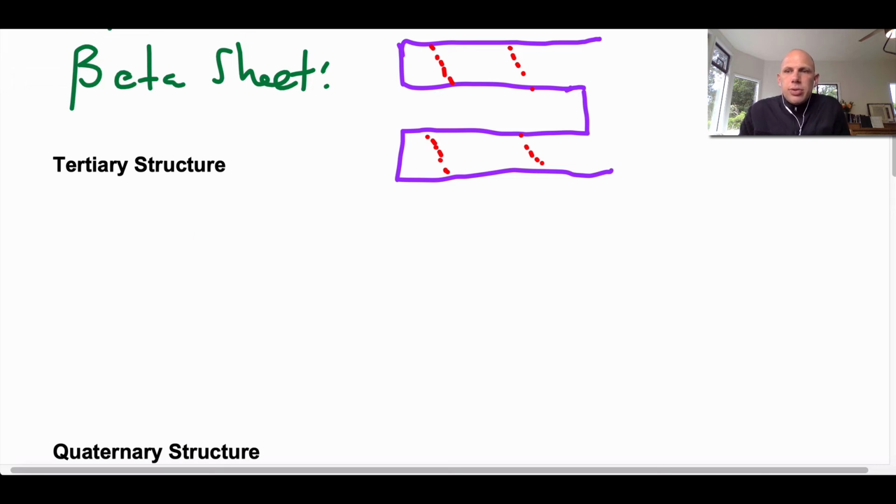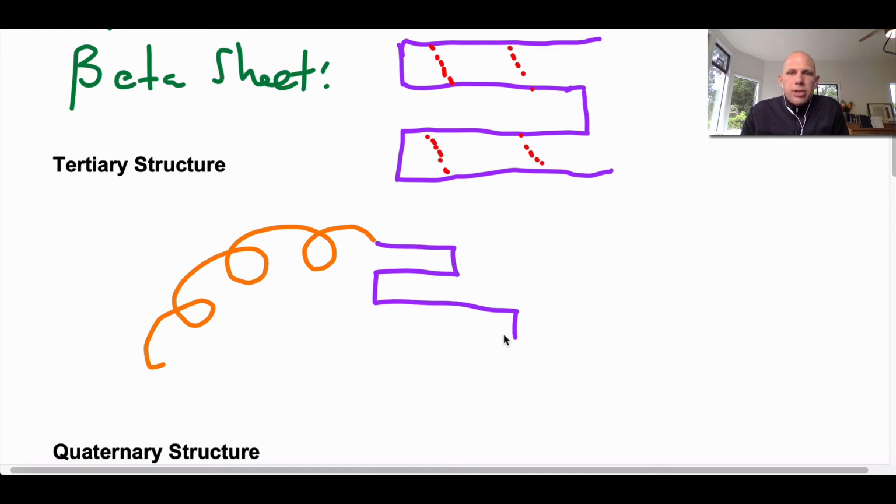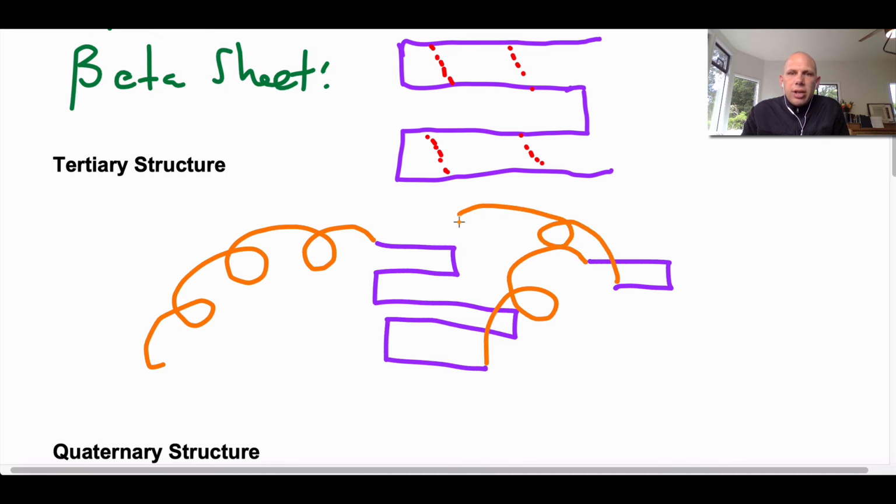So based on those positions, we might have one region of the protein which is an alpha helix, and then it might collapse in on itself to create these beta sheets. And then we might have another region that's an alpha helix leading to a beta sheet that might go like this, and then another alpha helix out here.